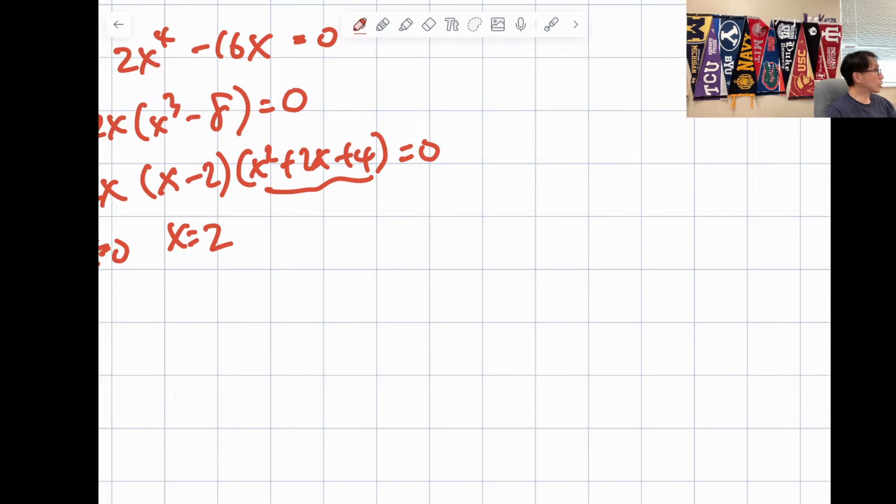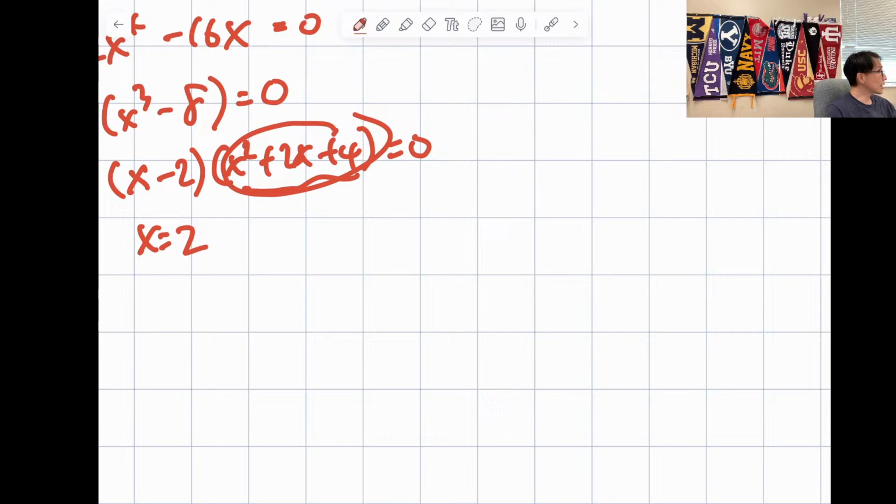Only 10 students. So that means rest of you guys need to memorize the quadratic formula. Why is this quadratic? Because this is second degree, so it has to be quadratic formula.